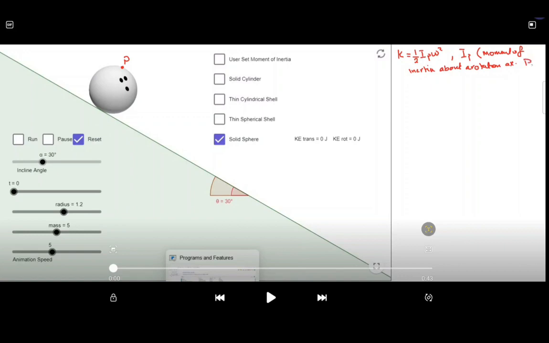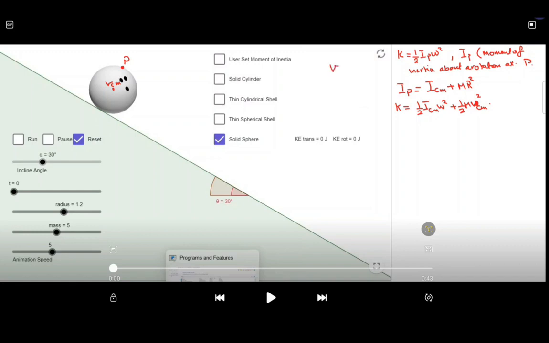Now we use parallel axis theorem. Therefore, I_P equal to I center of mass plus m r square. Now remember, this is the center of mass and this is the rotation particle on the outer surface of the sphere. So, therefore, the kinetic energy is equal to half I center of mass omega square plus half m v center of mass square.